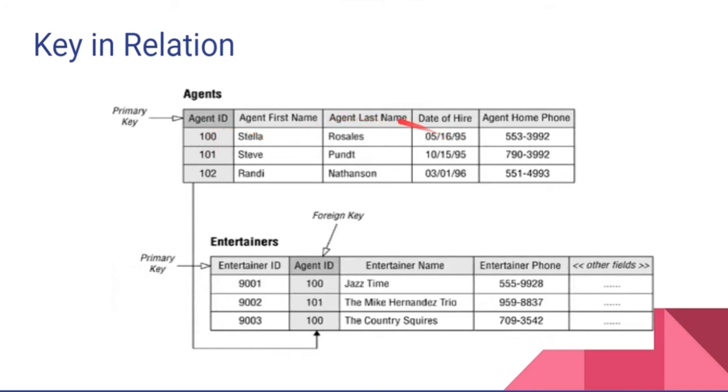If I want to access the data of the agent who has ID 100, I will access the data with the help of this ID. If I enter ID equal to 100, I can access this row. If I input agent ID 101, I can access Steve's data in this row.